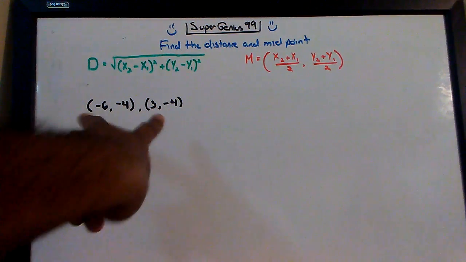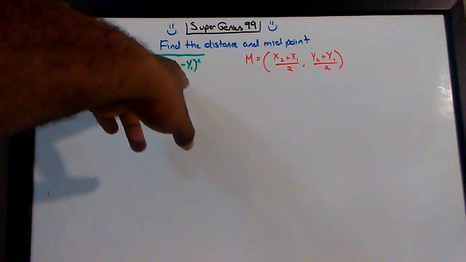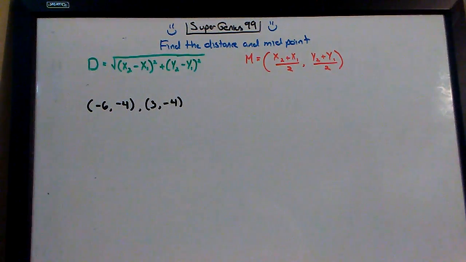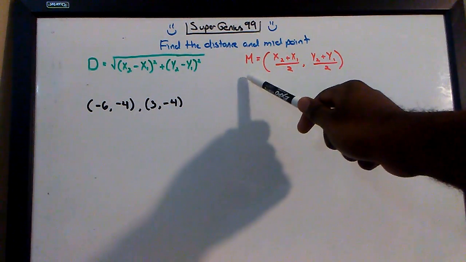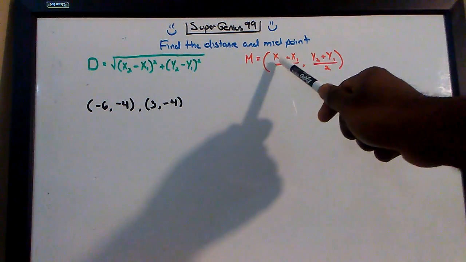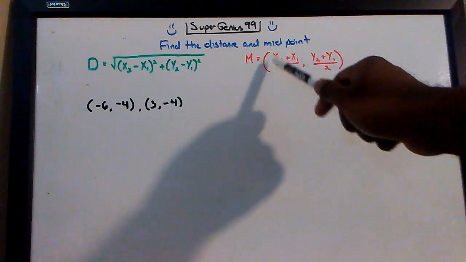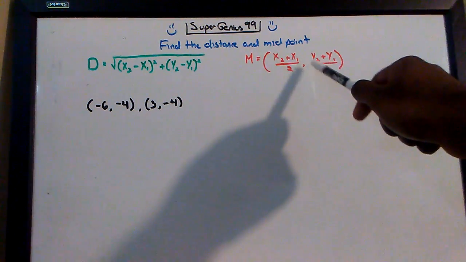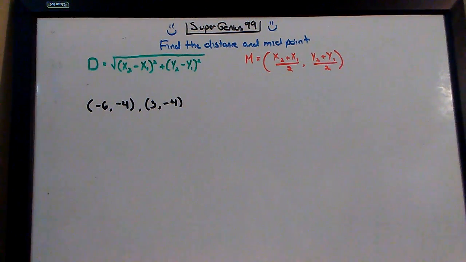So you're given 2 points. Get the square root of the difference of the x's and the difference of the y's squared. And then the midpoint, that's what M stands for, is what? The average of your x values, comma, the average of your y values. Okay, so let's label what is our x1, x2, y1, y2.